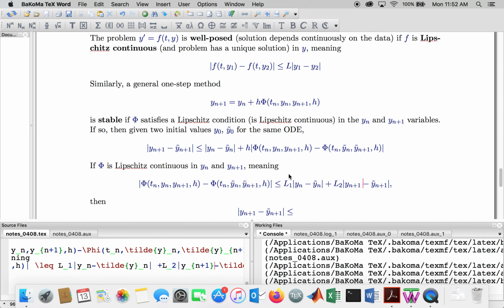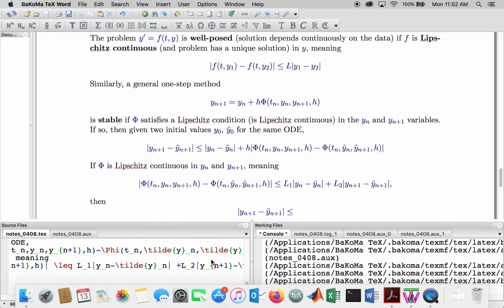Now, with a difference in yn values, I have 1 plus hL1. And then for the difference in n plus 1 values, I have that over here, and I need to move this to the other side, so I can get 1 minus, for moving it to the other side, hL2.